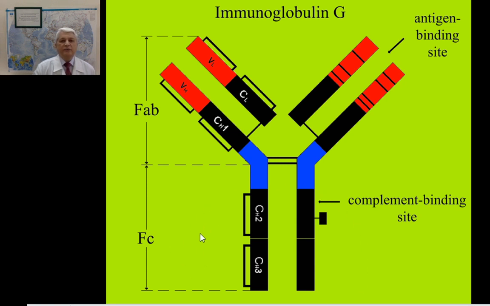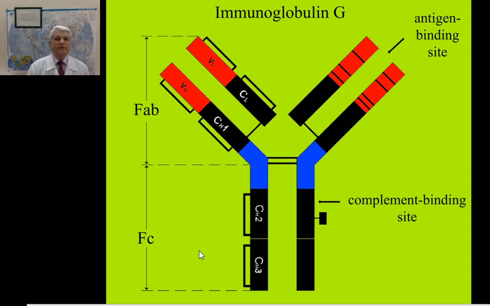Because this part of the molecule is hydrophobic, and in water solution it can produce a sediment which looks like crystallic structure. It is not real crystal, but this is a sediment, and we call this fragment crystalline or fragment constant.